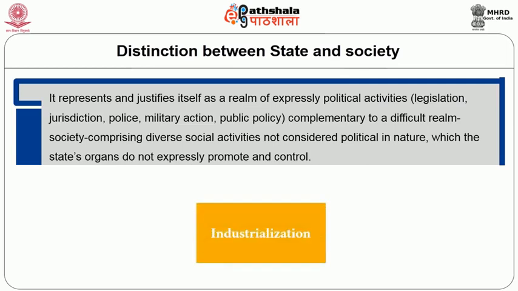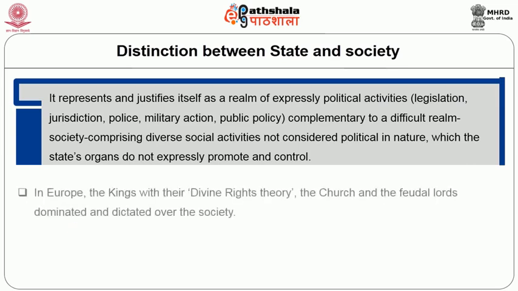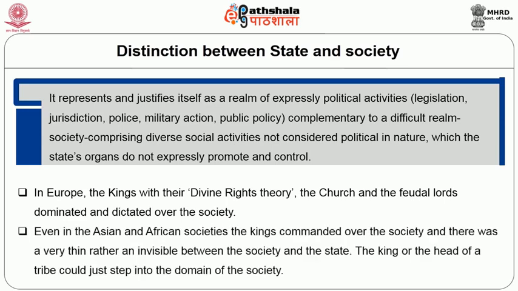Before industrialization, there was not much difference between state and society. In Europe, the kings with their divine rights theory, the church and the feudal lords dominated and dictated over the society. Even in Asian and African societies, the king commanded over the society and there was a very thin, rather invisible line between the society and the state.